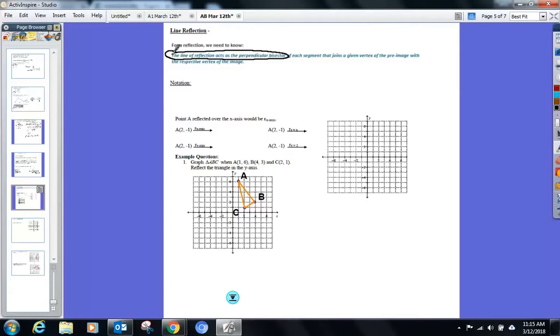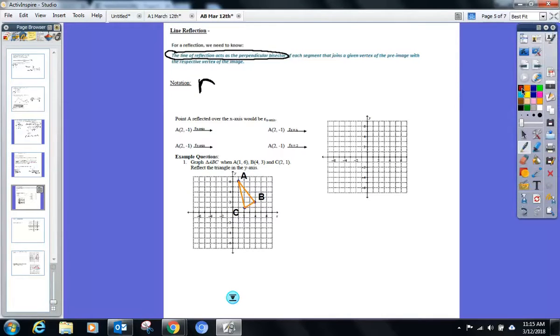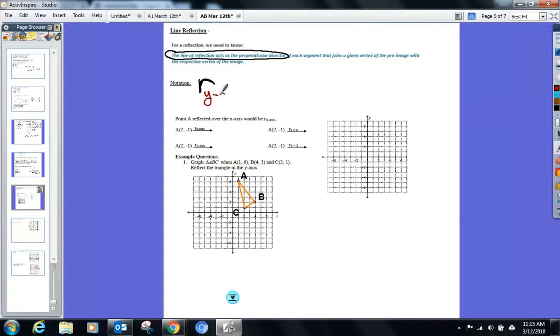How do I know a line reflection is happening? Here is the symbol for line reflection. It is a lowercase print r. A lowercase print r tells me a reflection is occurring. You will also see a subscript with where we're reflecting it over. So for example, I'm just going to put y-axis there.